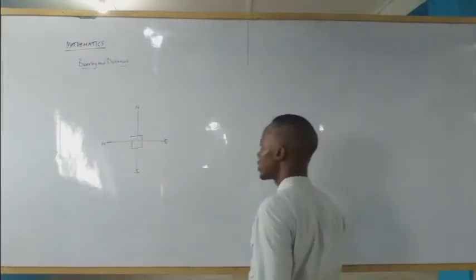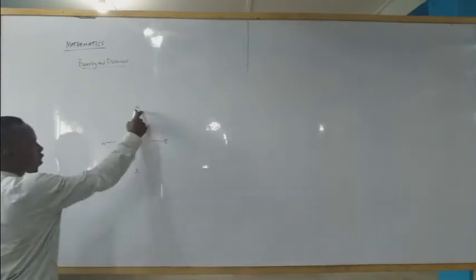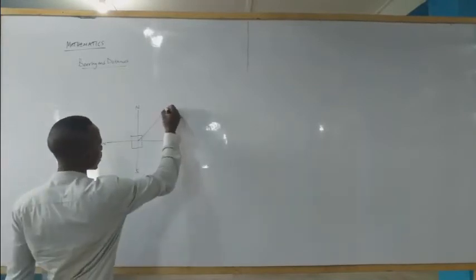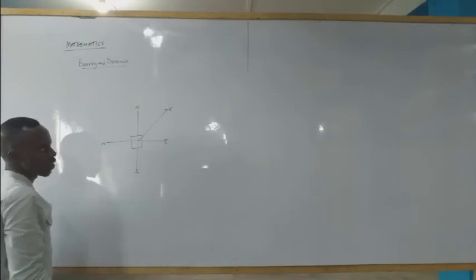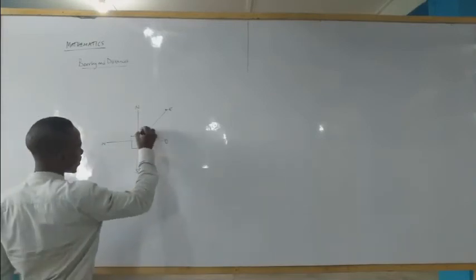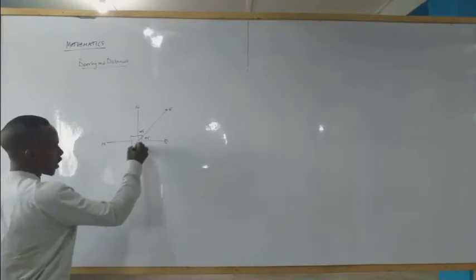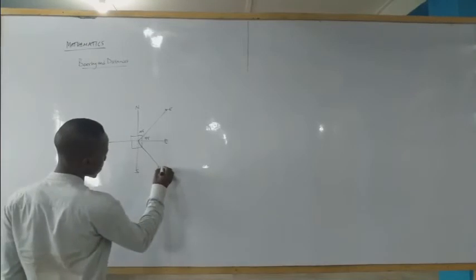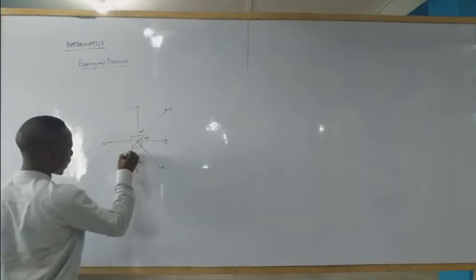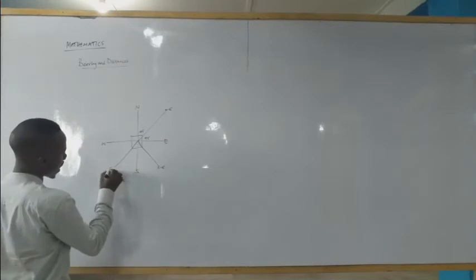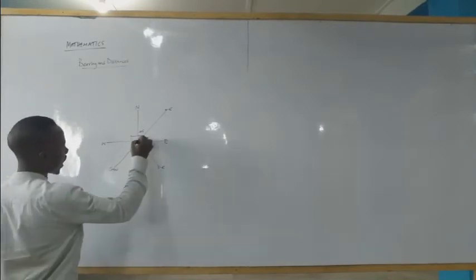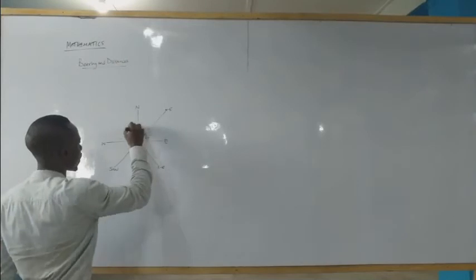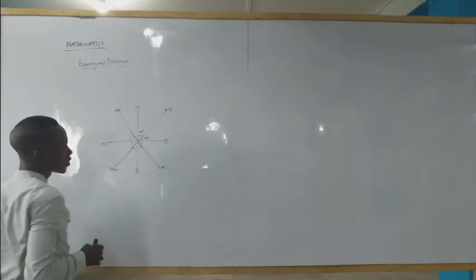If we divide between north and east, we have another direction there, which is northeast, and this will be 45 degrees. Then we still have another one, southeast. Then southwest, and then the last, northwest.